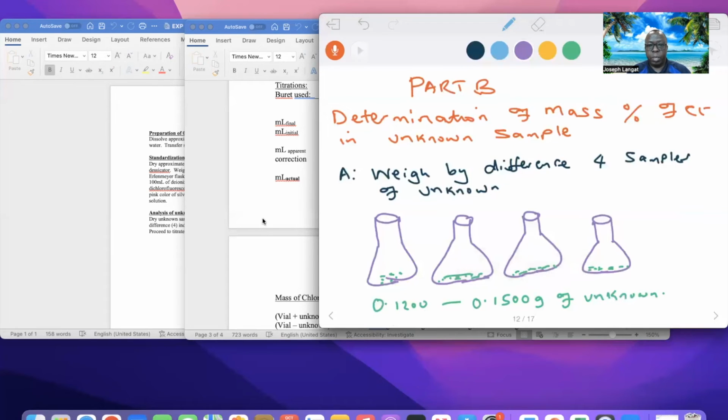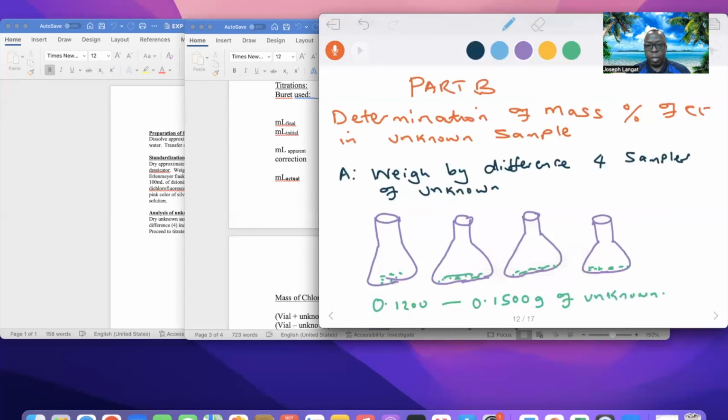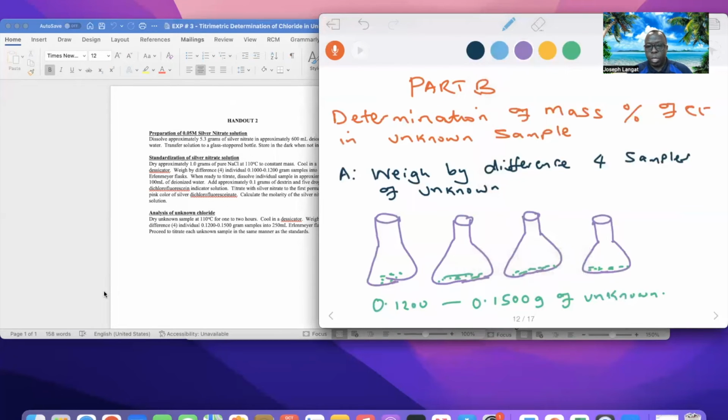You're familiar with the technique by which you weigh each; don't place it on the analytical balance with your fingers. You're going to mass out four samples. Follow the procedure outlined here to get the required mass.